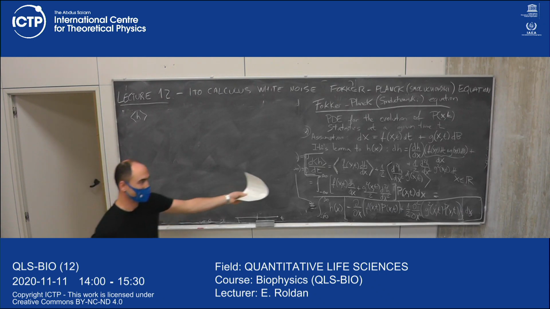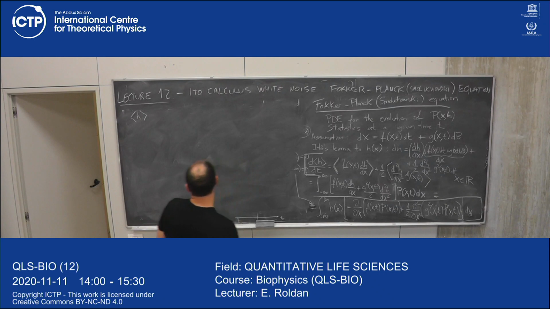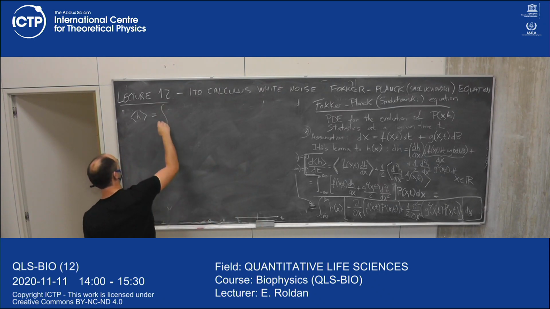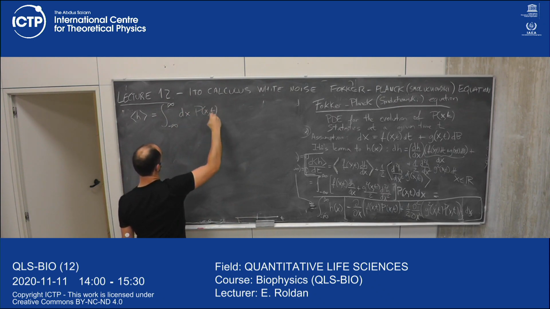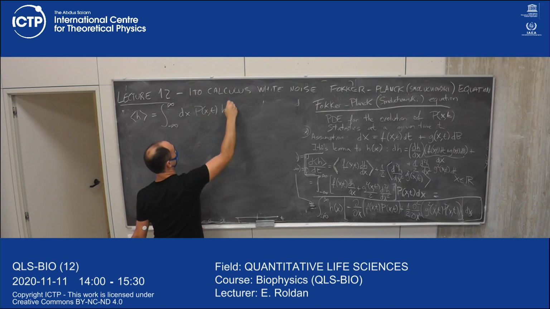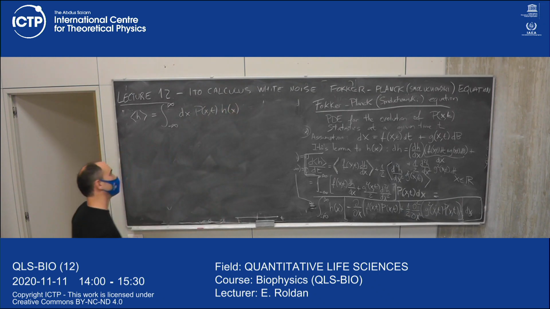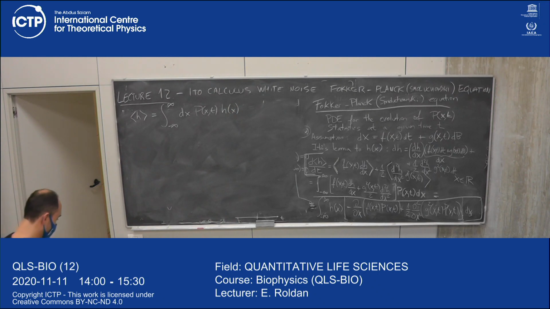I told you what making an average is. Making an average is nothing but the integral from minus infinity to infinity dx p(x,t) h(x). That's it.